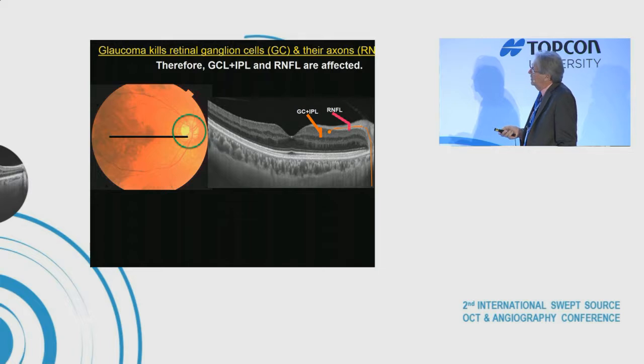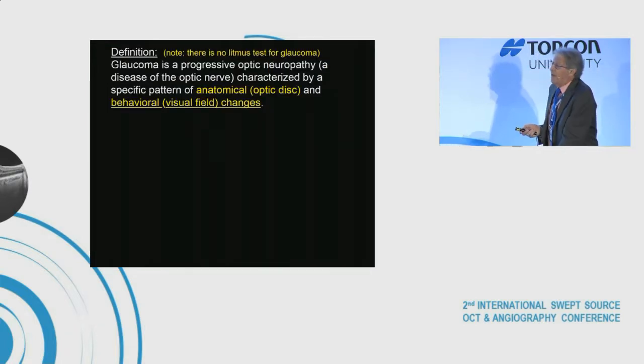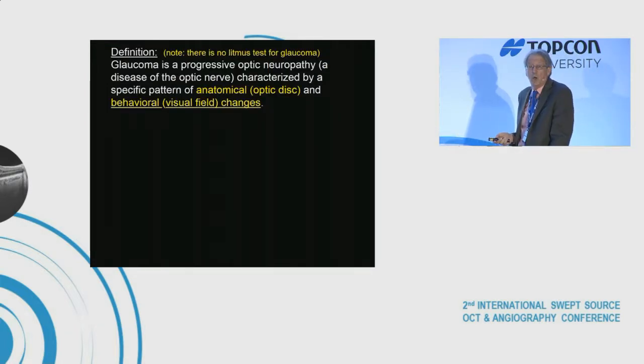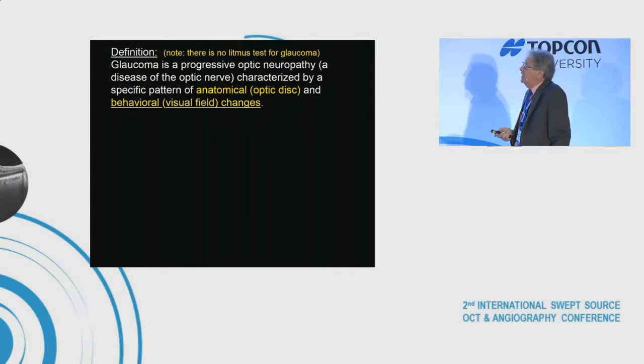Historically, the most common scan that the glaucoma specialist looked at was a circle scan around the disc, and this is what it looks like here. And again, this is the retinal nerve fiber layer that's affected by glaucoma. Now, as most of you probably know, there's no litmus test, no gold standard for detecting glaucoma.